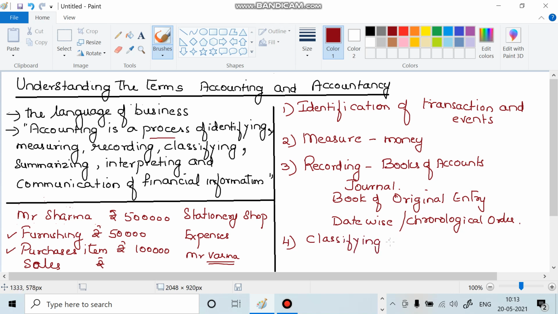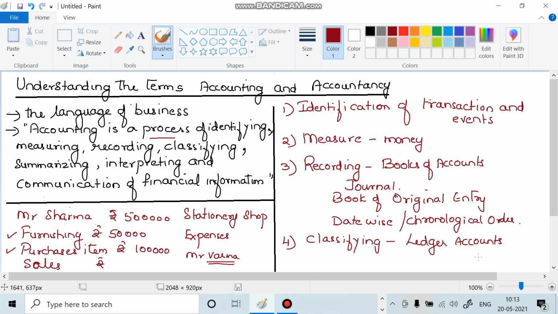This is the stage where ledger accounts are going to be opened, where for each of the individual transactions, there will be accounts opened. Like purchase account, sales account, expenses account, and even individual expense accounts like the salary account for salary being paid. If the shop has been taken on rent, then there will be a rent account, and other expenses incurred like a traveling expenses account.